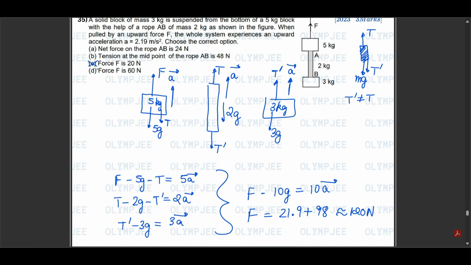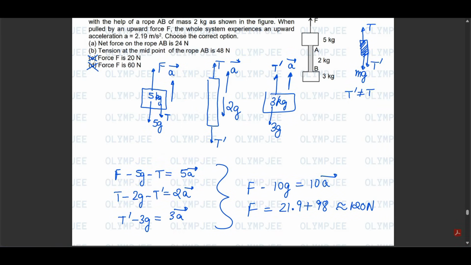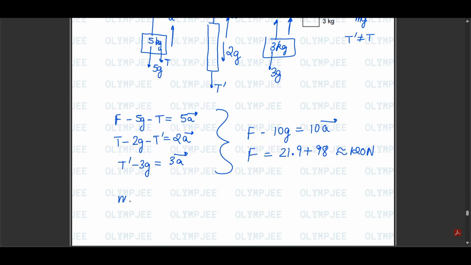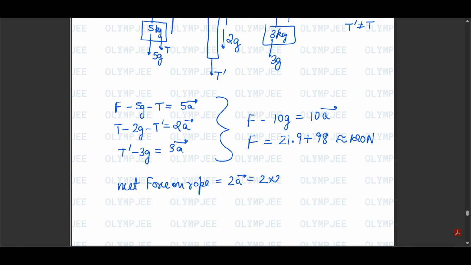So C and D are wrong. Now we will check option A. It is saying that the net force on the rope AB is 24 newtons. The net force on this AB is equal to 2a. So the net force on the rope is equal to 2a, which will be equal to 2 times 2.19, right?